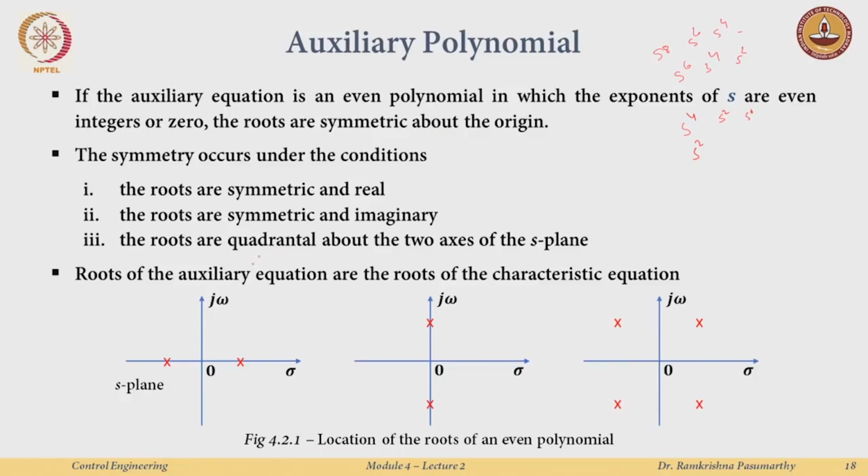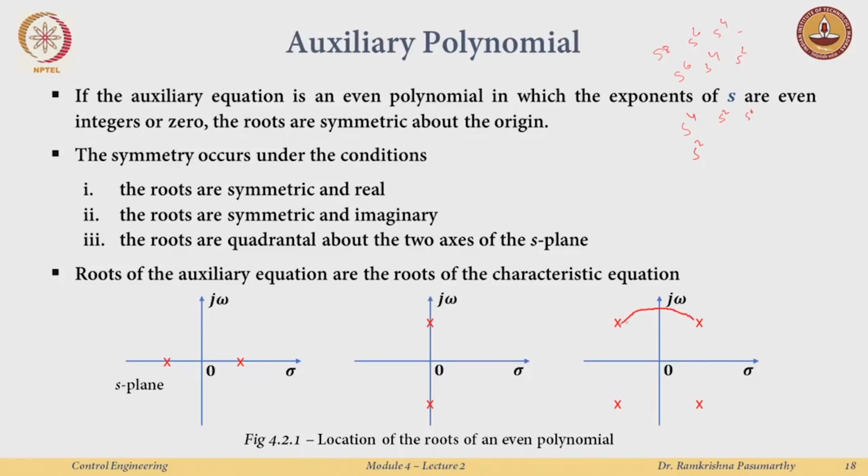and symmetry could occur under several conditions. Symmetry could be like here: from a -1, you could have a +1 here, they could be symmetric and lie just on the imaginary axis, plus j omega and minus j omega. There could be something like this also: you have +1 plus j omega, -1 minus j omega, there is a symmetry from here till here.